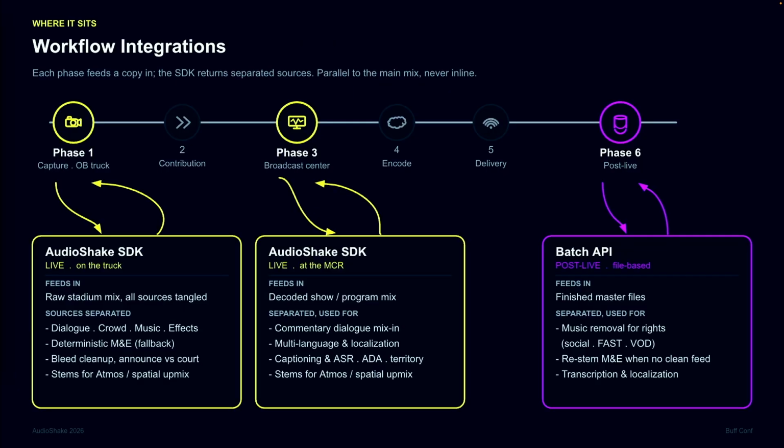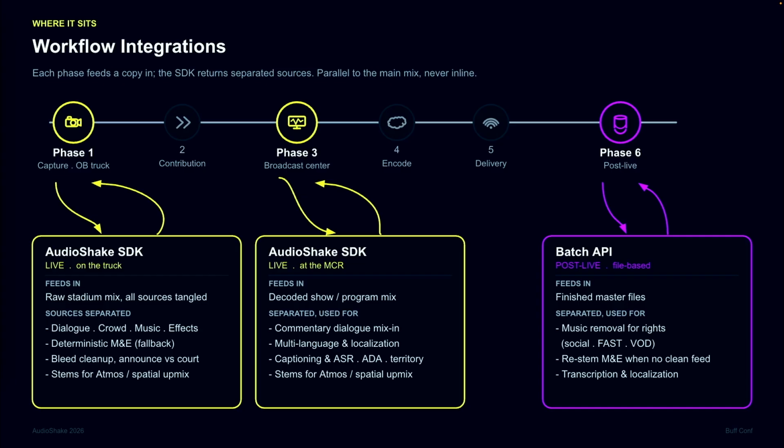So here are some workflow integrations that we've explored. One is a traditional OTT workflow where, in a sports broadcast, you probably have phase one, a capture of the source content, and then all that source content is sent to a broadcast center.